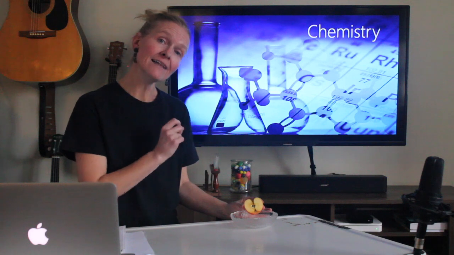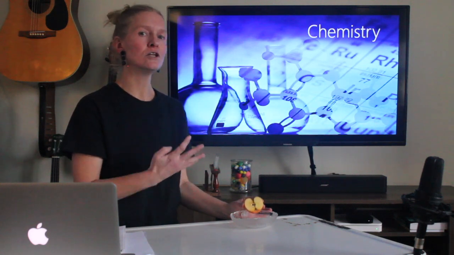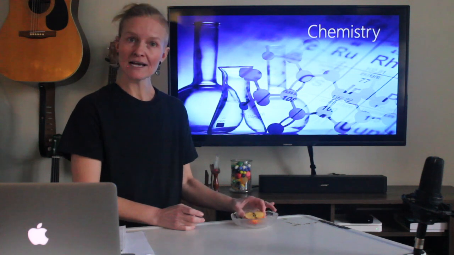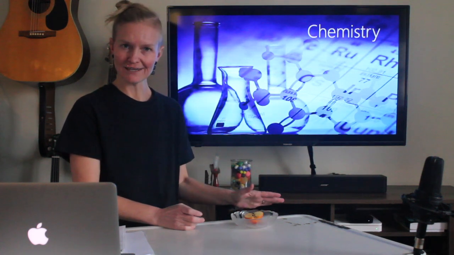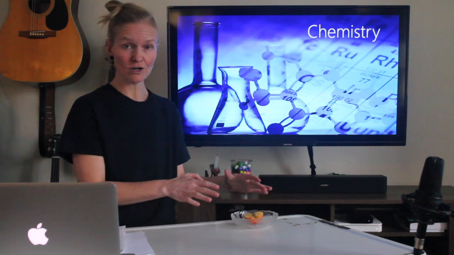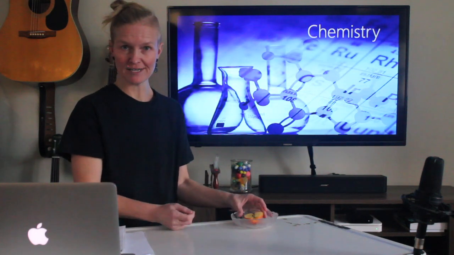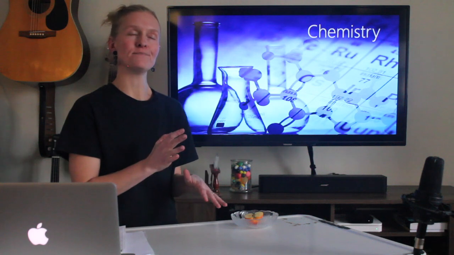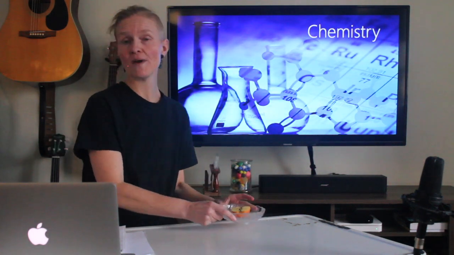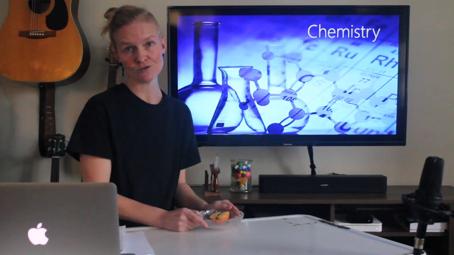But if you add lemon juice to it, it slows that reaction right down. And so in your apple browning experiment, you're going to try this on your own, and you're going to let an apple sit out and test, and just see for yourself what happens when you add an acid like lemon juice to an apple.